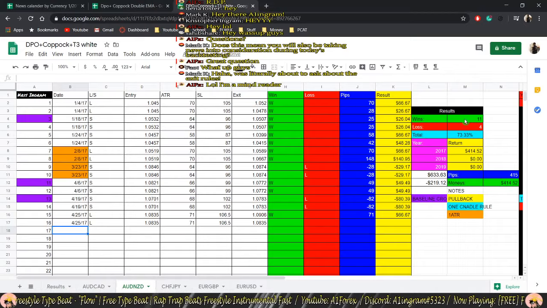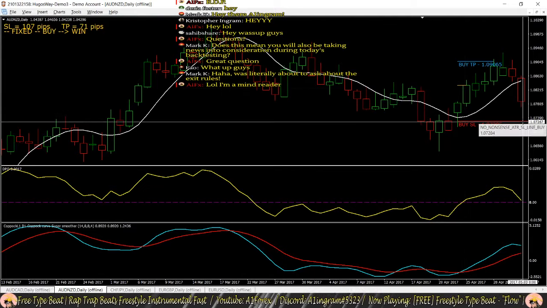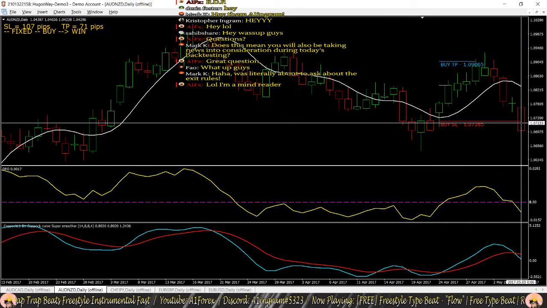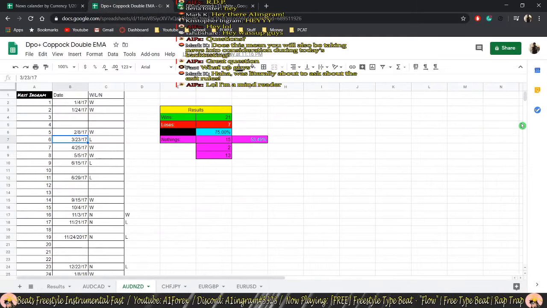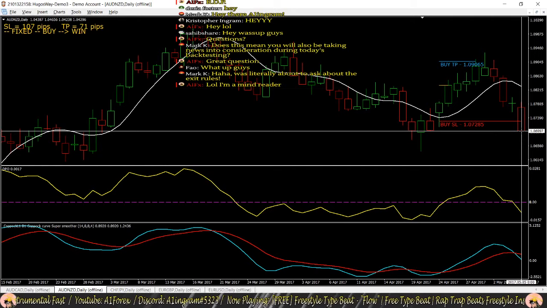And that wasn't a regular entry. It was past 1 ATR. Alright, so let's see. That was a regular entry, but as you can see, it's far past 1 ATR.